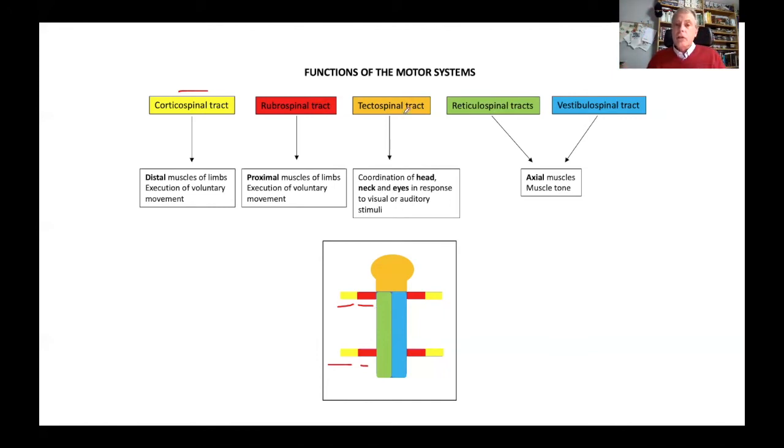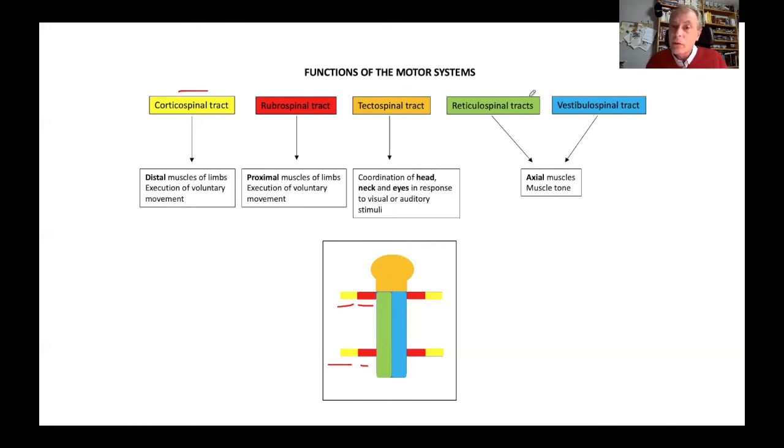Then the tectospinal tract reaches the mesencephalic tegmentum, goes down, and is going to reach the cervical spinal segments. This is to turn the head around following a sudden visual or auditory stimulus. So it's involved in movements of the head and neck.